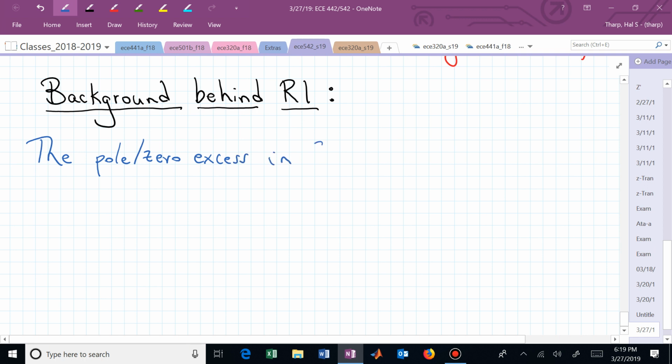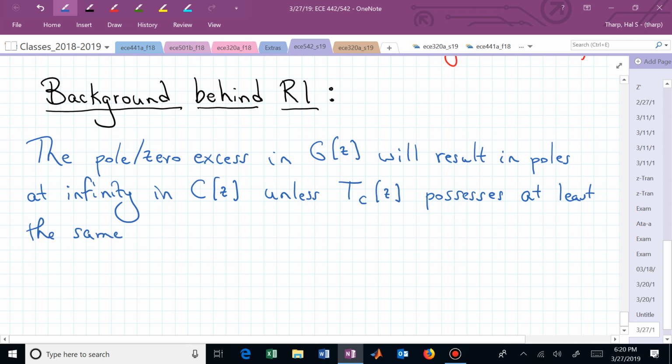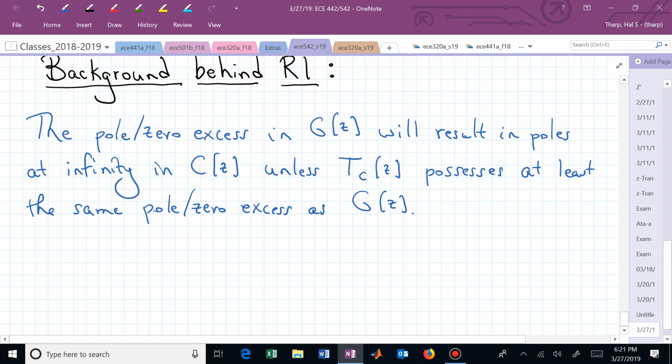The pole zero excess in capital G of Z will result in poles at infinity in C of Z, unless T sub C of Z possesses at least the same pole zero excess as our original plant G of Z. And you're going, what?